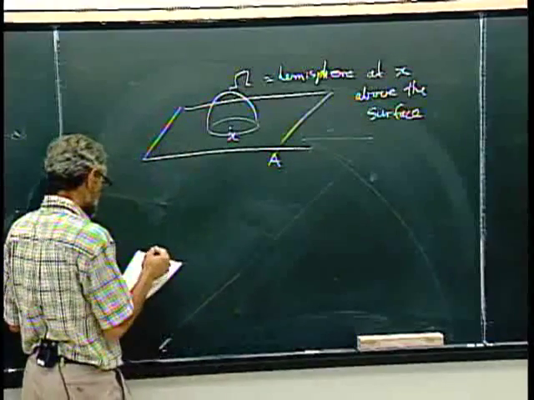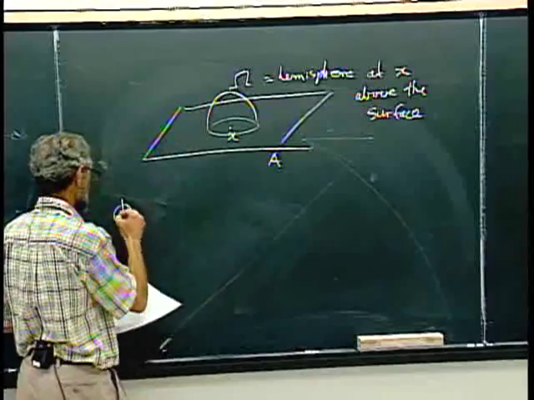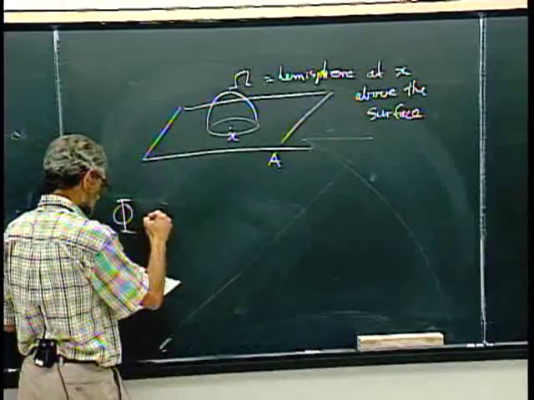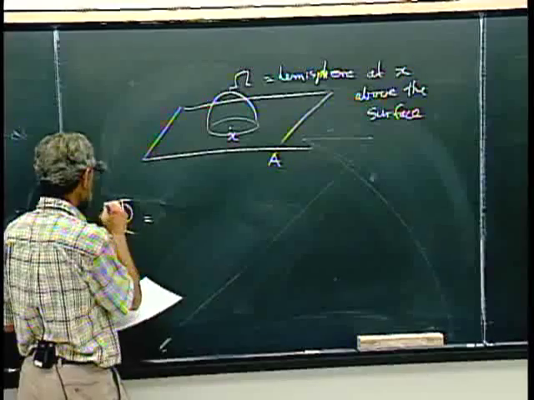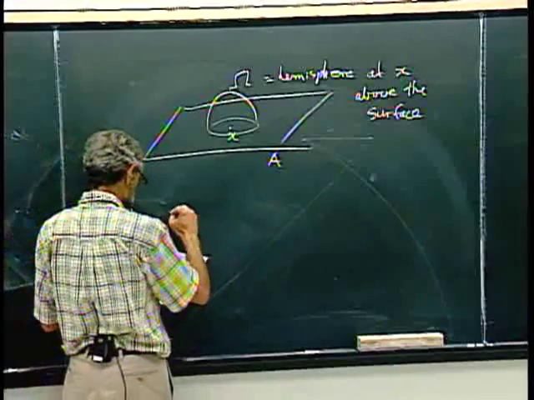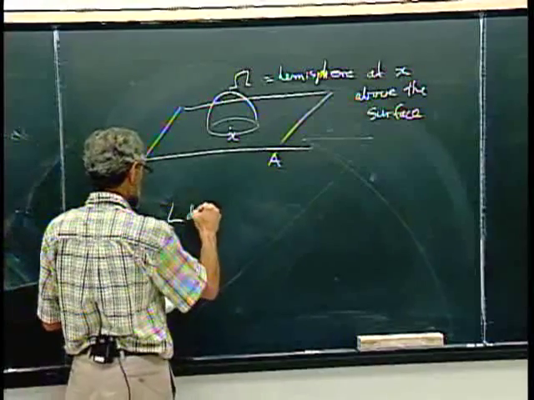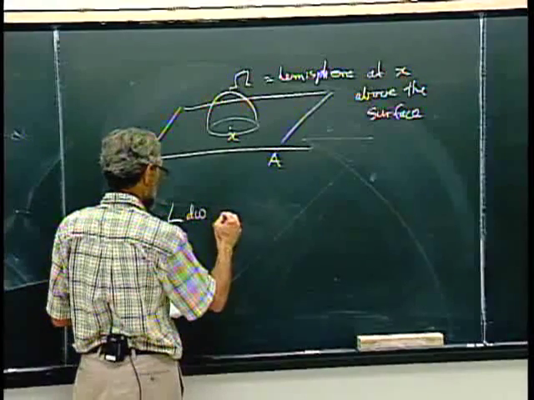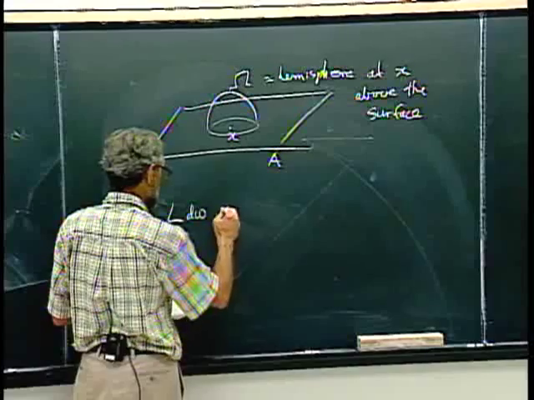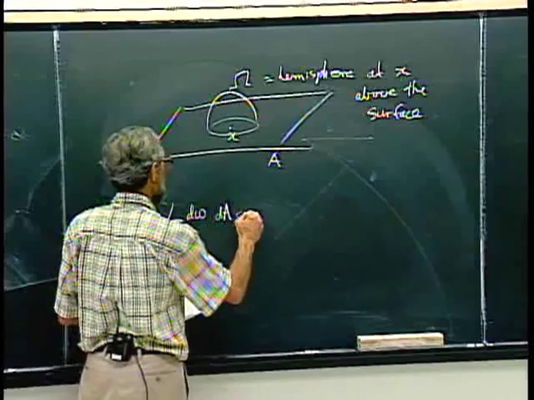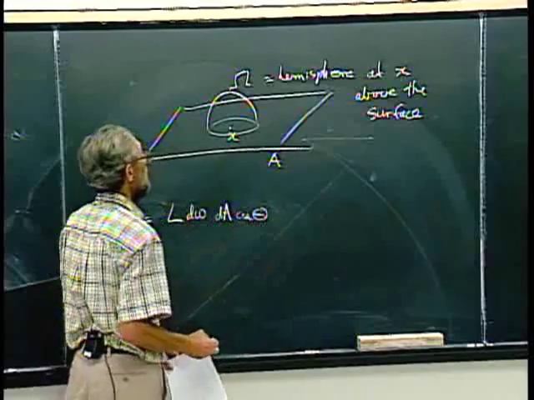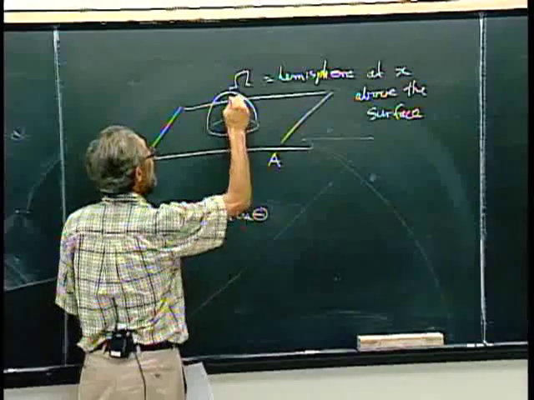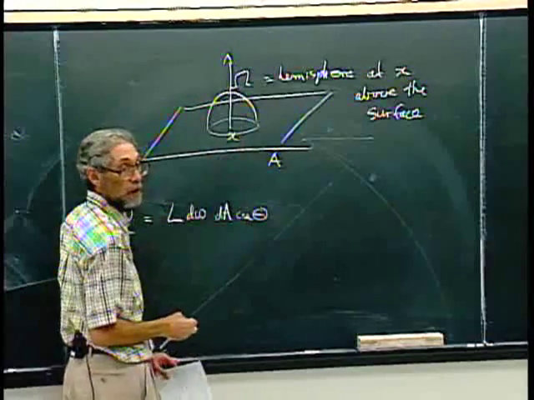And the total flux, d phi, was the radiance times d omega times dA perpendicular, which was, say, dA cosine theta. And theta, here's the surface normal, is going to be the north pole of the sphere.